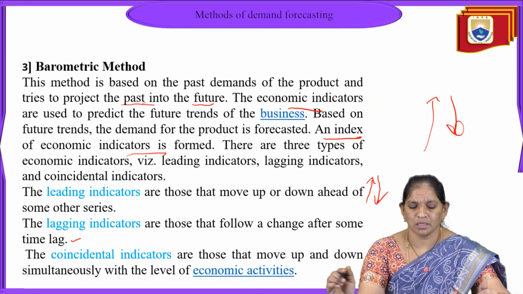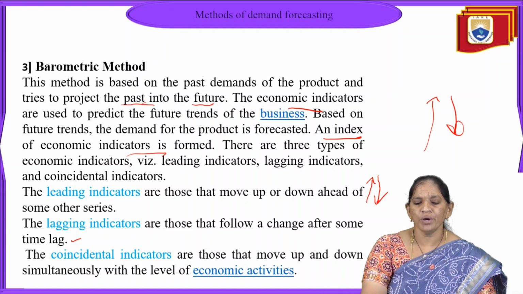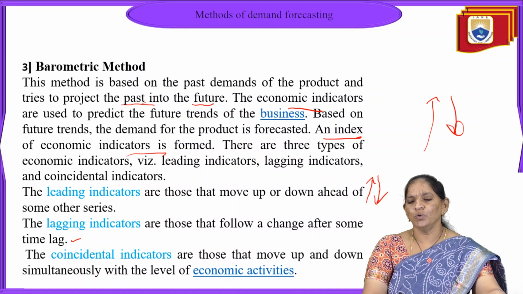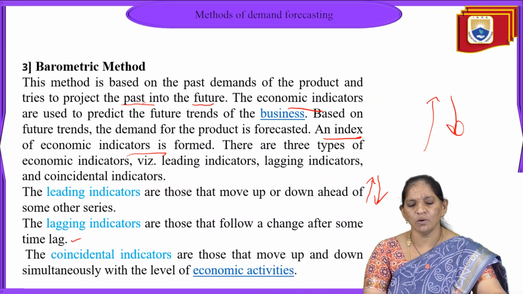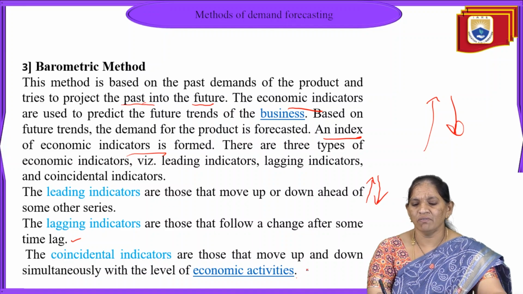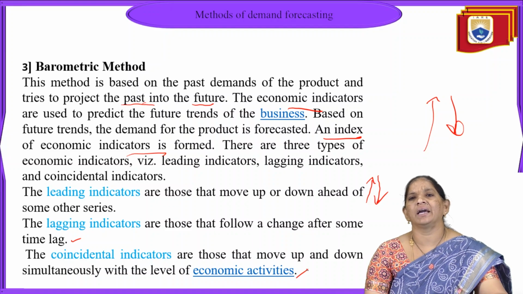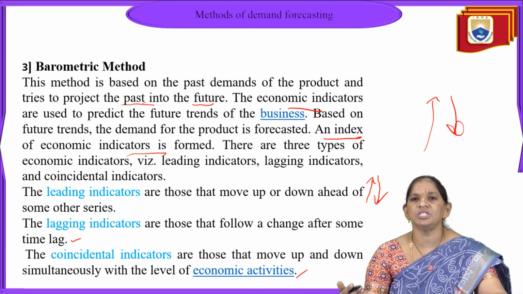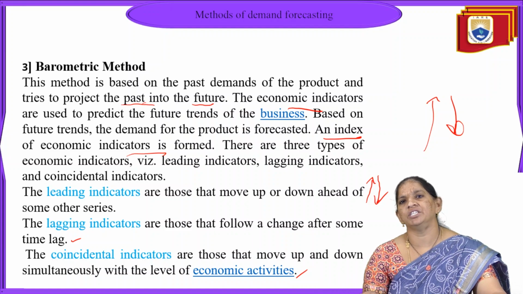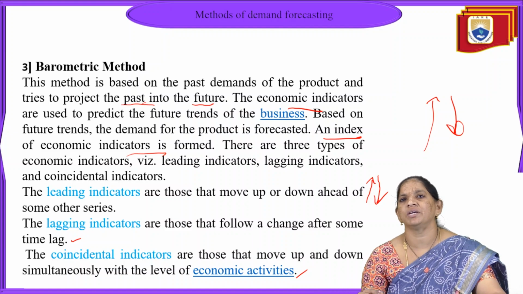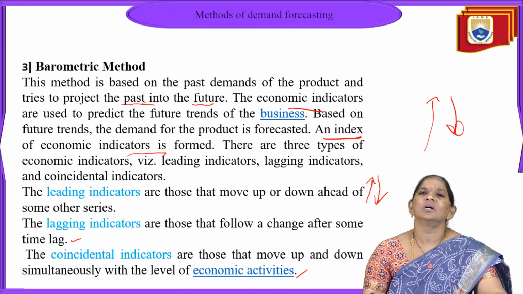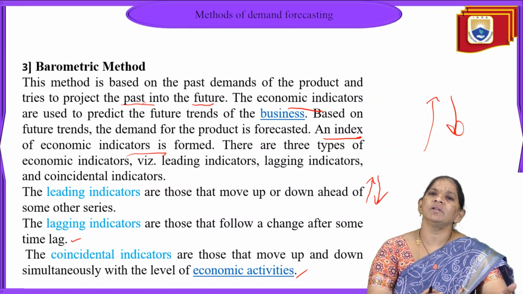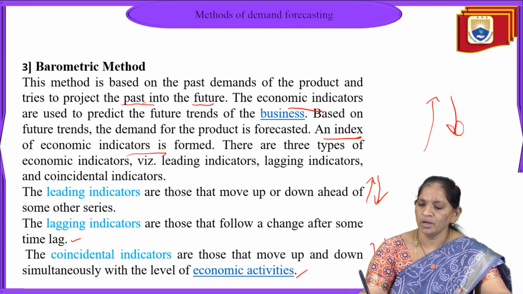The next one is the coincident indicator, which moves up and down simultaneously with the level of economic activity. Based upon the economic level, maybe GDP, or the budget the central government has announced, our product may get a favorable indication, moving upwards or downwards.